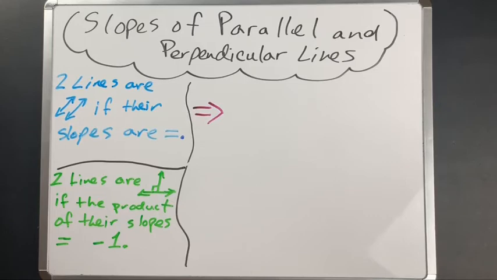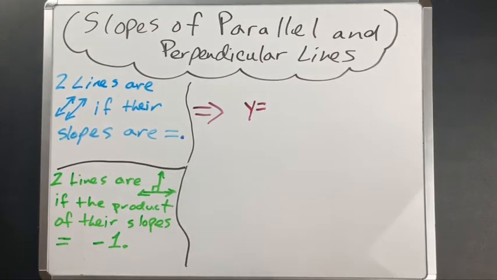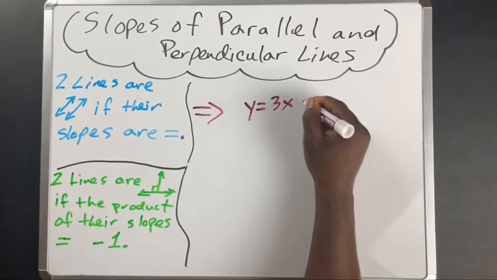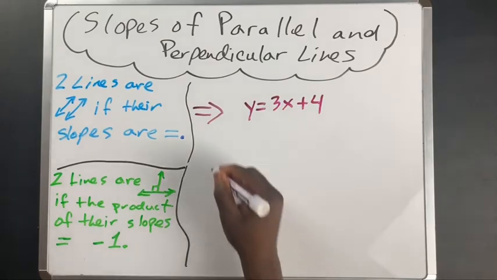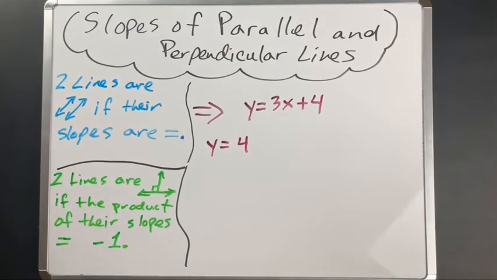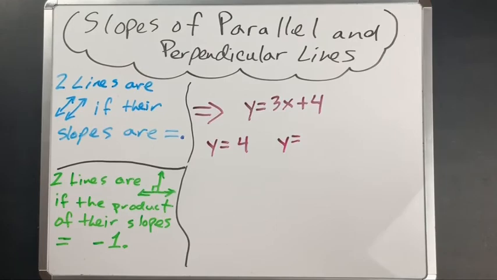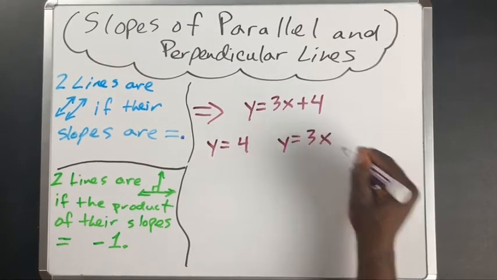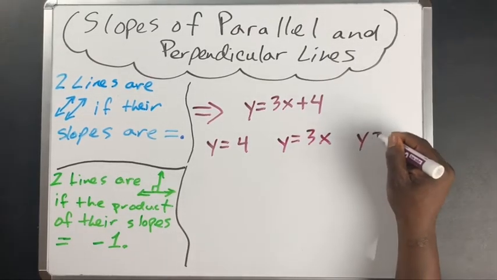So let's say we're given four equations. The first one is y equals 3 times x plus 4. The second is y equals 4. Then we have y equals 3 times x, and then y equals 3.